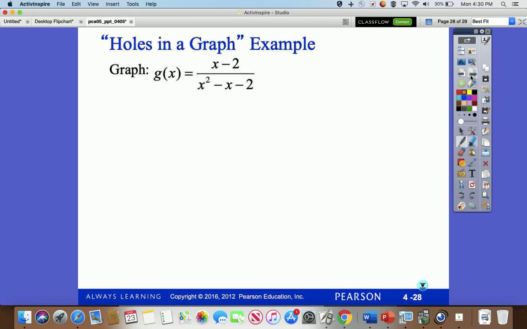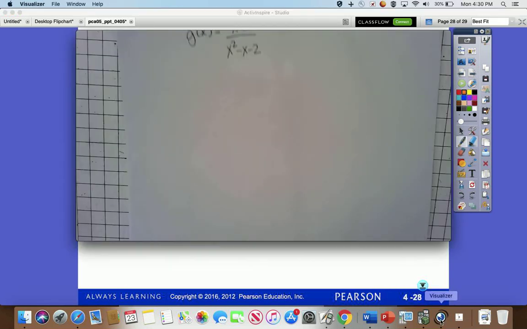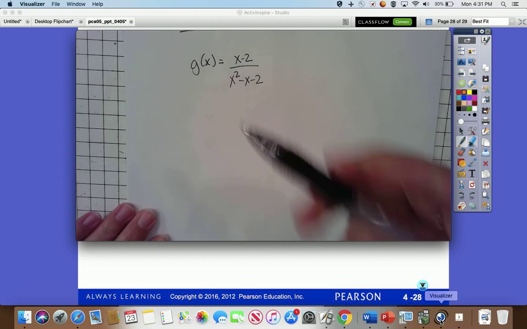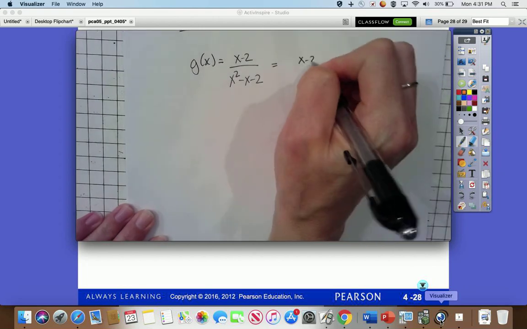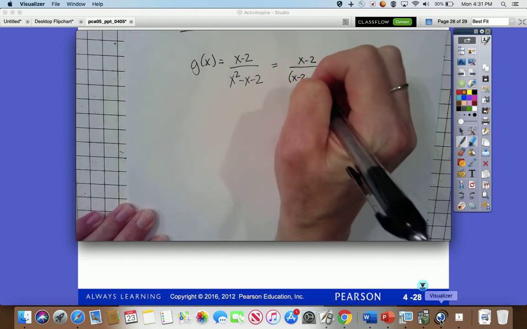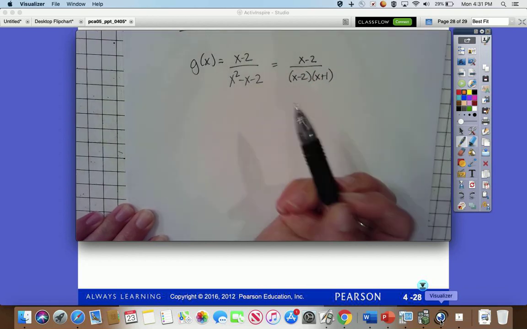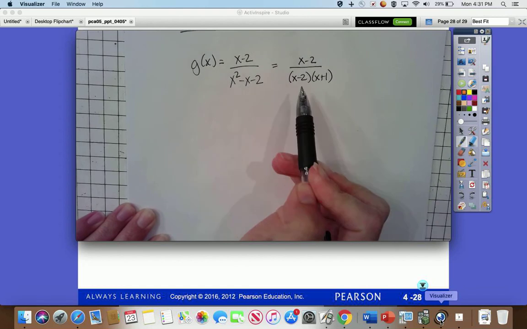All right, the last thing we need to talk about is holes in a graph. So holes in a graph occur when something does cancel out in the numerator and denominator, like in this example. So I factor the denominator. Okay, what multiplies to negative 2 and adds to negative 1? Negative 2 and 1.